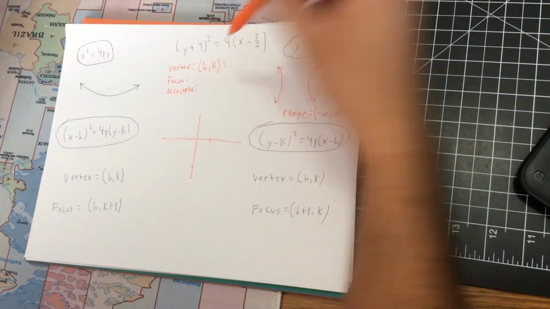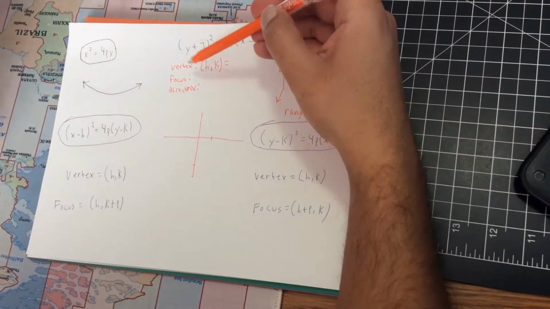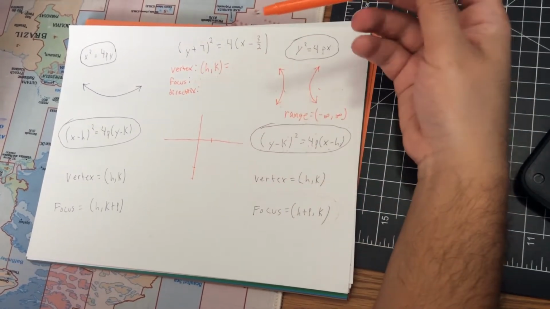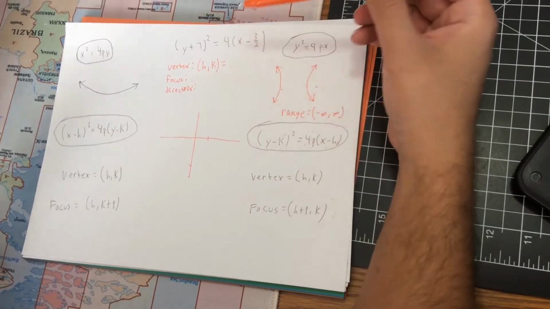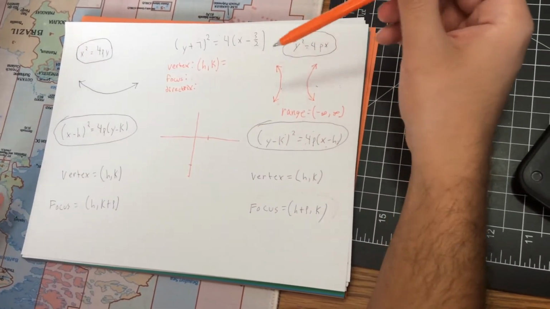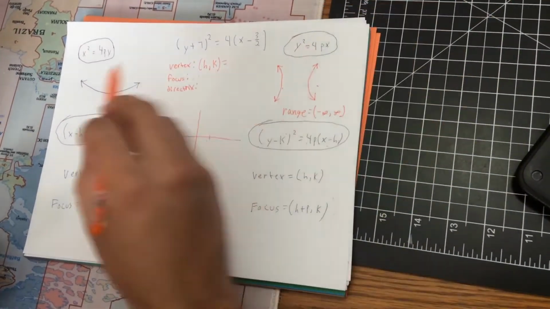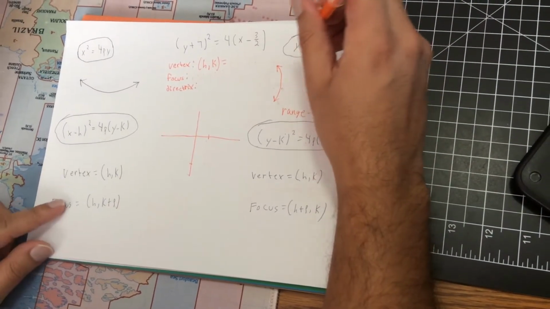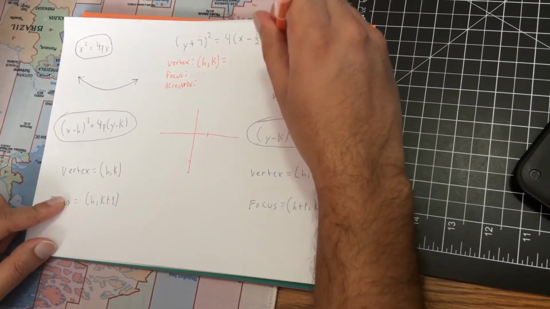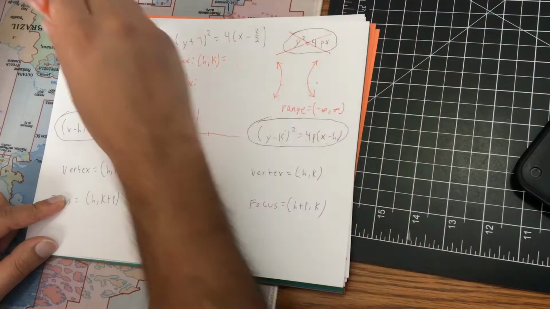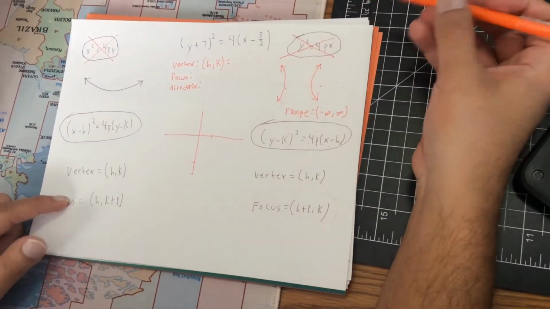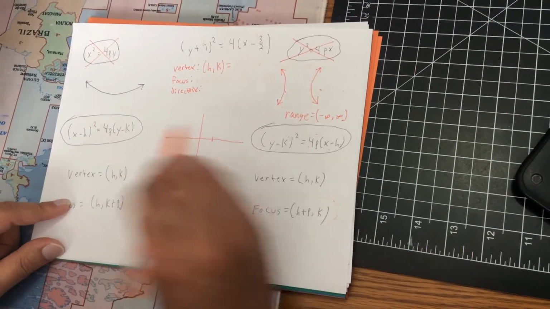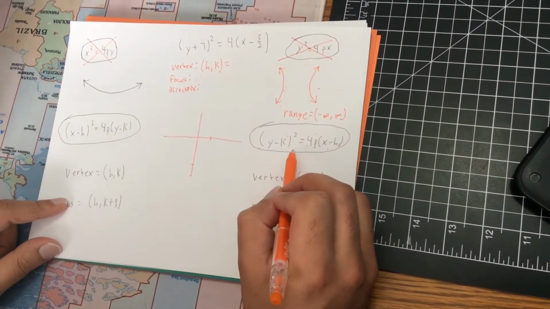So we have our current equation. We want to find the vertex, focus, and directrix. First thing I would do is compare this equation to our four equations of a parabola. It doesn't have enough variables to be this equation or this equation, so I'll cross those two options out. It looks similar to this equation and this equation.